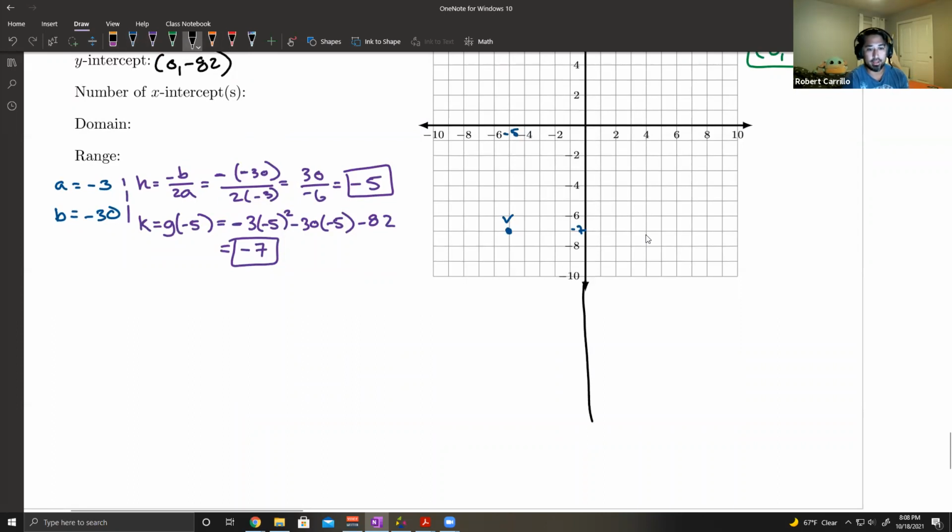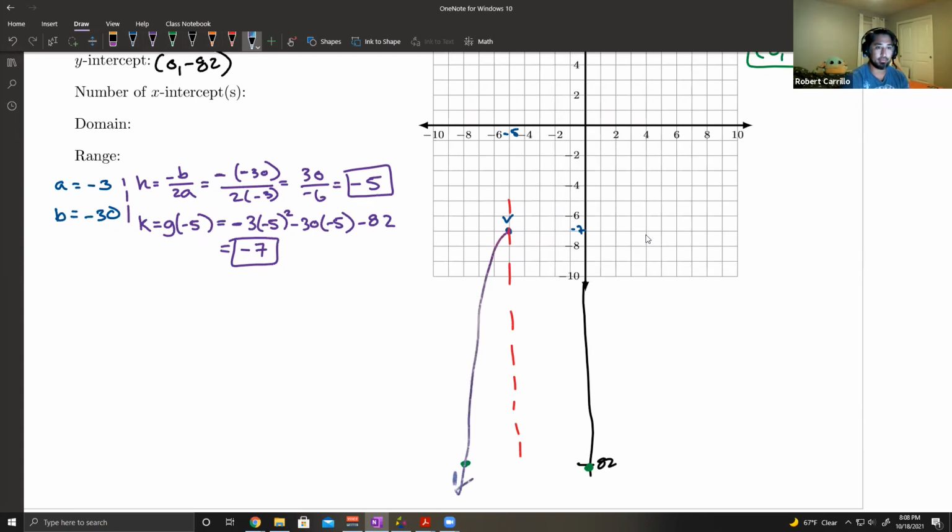Look at that. Oh, yeah, somewhere out there, right? Negative 82. So I'll just put it down there just for fun. Why not? And then there's my axis of symmetry. And wherever that is, you can reflect it across. So we'll just say there's a random point out here. And then connect.